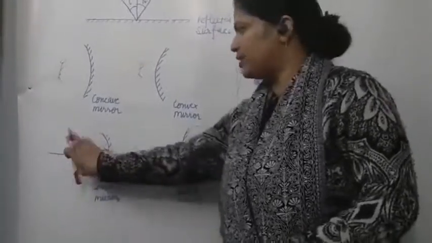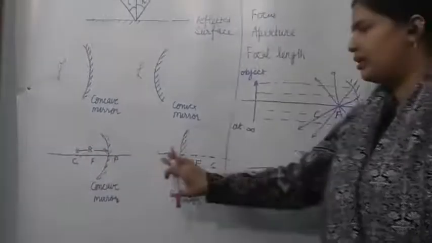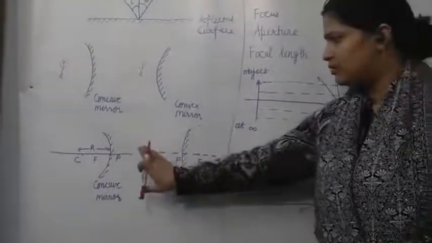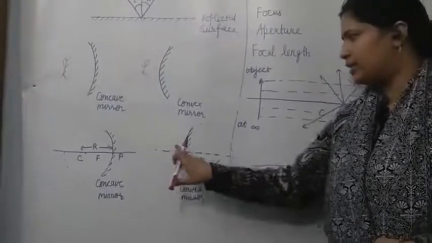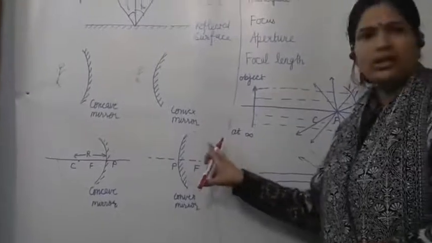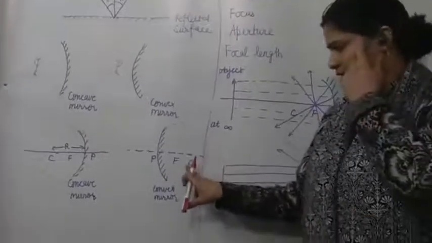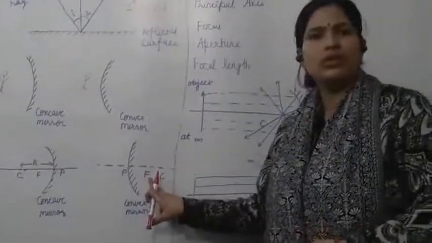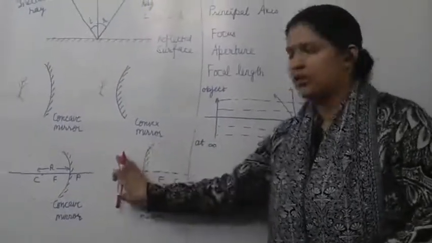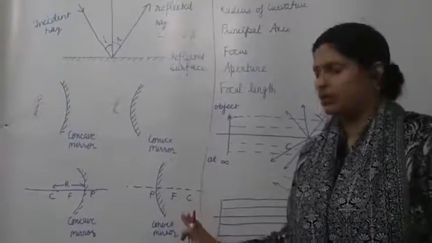This is the mirror and this is the front of the mirror. While in case of a convex mirror, we see that the image is formed here, and by completing this circle, we get a sphere with C, center of curvature, and F, focus, behind the mirror. It is the front of the mirror, it is the behind of the mirror.